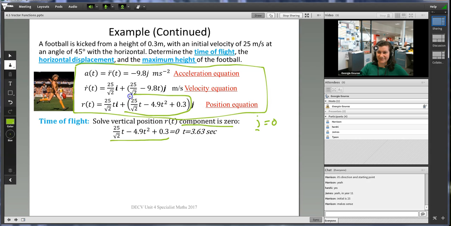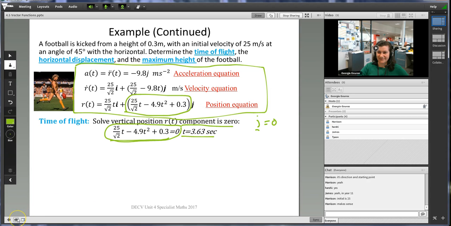When is that equal to 0? That signifies this ball is on the ground. Does that make sense? That is equal to 0 solving for t at t equals 3.63 seconds. So now I know the time of flight. This ball is launched and it takes 3.63 seconds to hit the ground again.